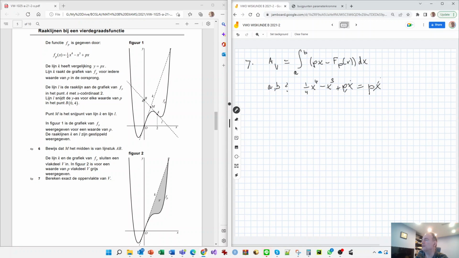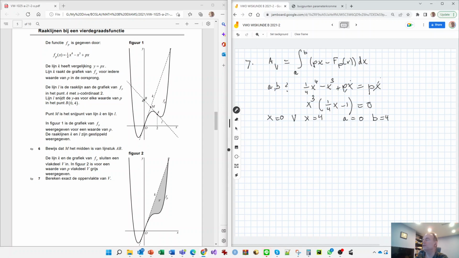We get then these terms have the common factor x to the power 3, so we get 1 over 4x minus 1 is 0, so x is 0, or x is equal to 4. So a is 0 and b is 4, and there are no other intersections here.